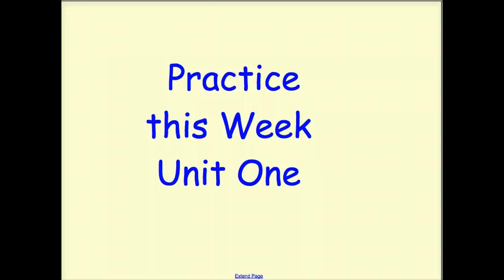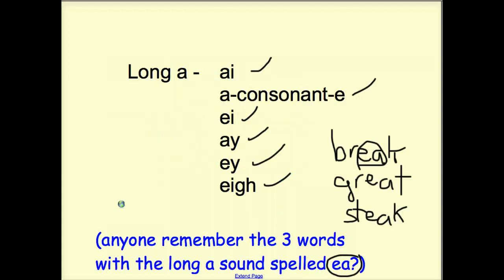The words this week that I'm going to ask you to practice all contain the vowel sound long A or long E. They will have any number of those spellings that we talked about earlier. If they're long A words, they might have the long A spelled with AI, A consonant silent E, EI, AY, EY, or EIGH.